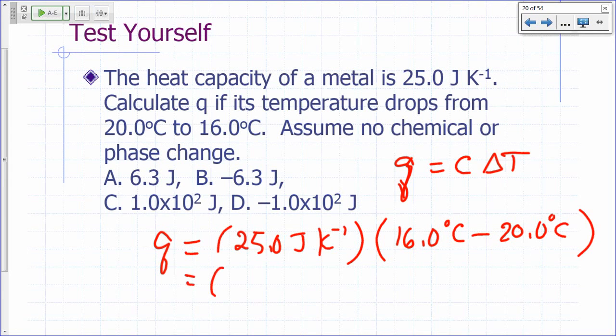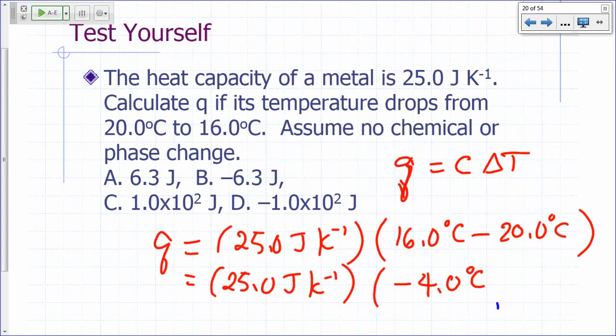So that's 25.0 joules per Kelvin times 16 minus 20, which is -4.0 degrees Celsius. Okay, a change of 1 degree Celsius is equivalent to a change of 1 Kelvin. So we do that just for unit consistency so that you can cancel Kelvin over here.